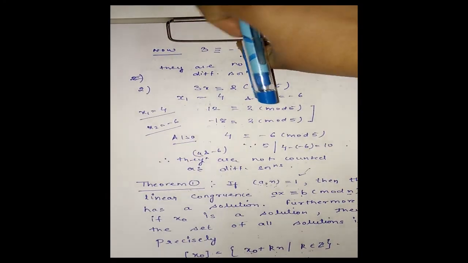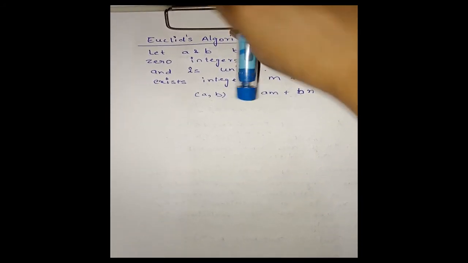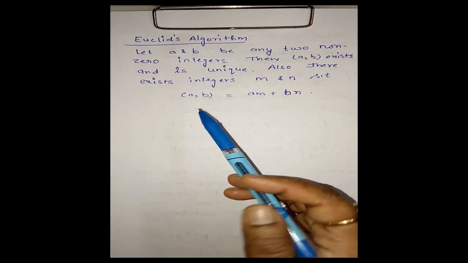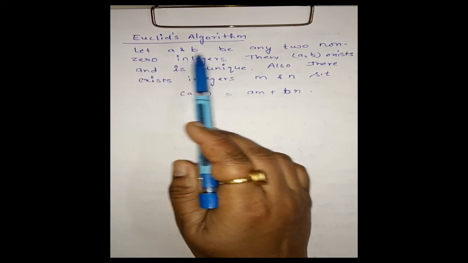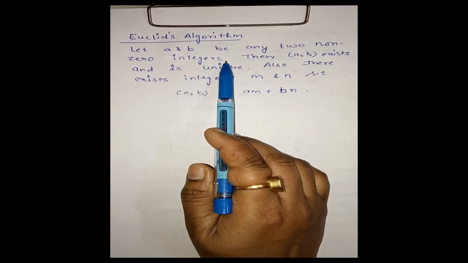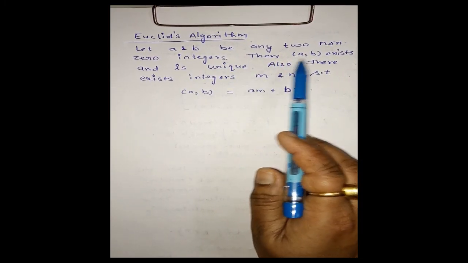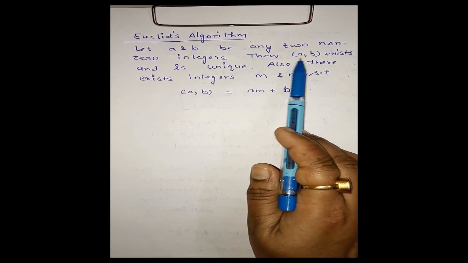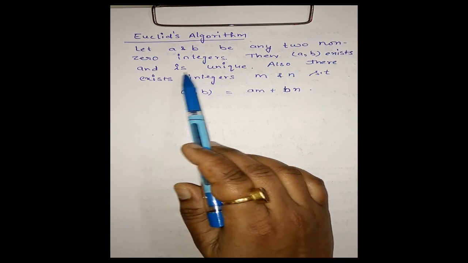Now see, in order to prove this theorem, we will require Euclid's algorithm. This will be required in proving this theorem. This algorithm says that let a and b be any two non-zero integers. Then GCD of a and b exists and is unique.